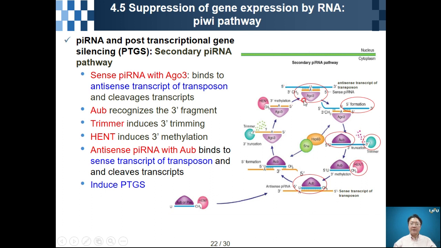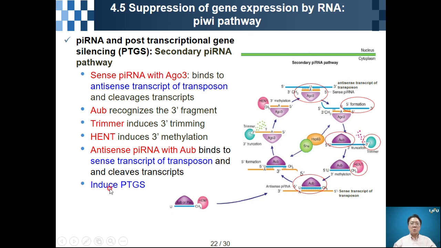The secondary piRNA pathway cleaves nearly all of the sense and antisense transcripts of the transposon. So after transcription happens, the sense and antisense transcripts are transported into the cytoplasm, where they can be degraded.